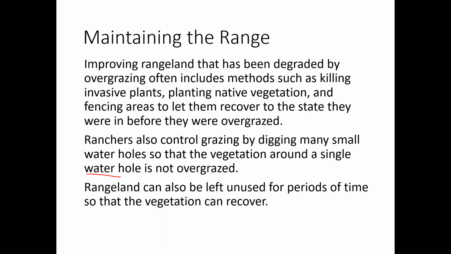Whereas if you just had one place where all the water's at, then all of the plants around that water hole are going to be completely eaten up because the cattle don't want to go too far away from the water.